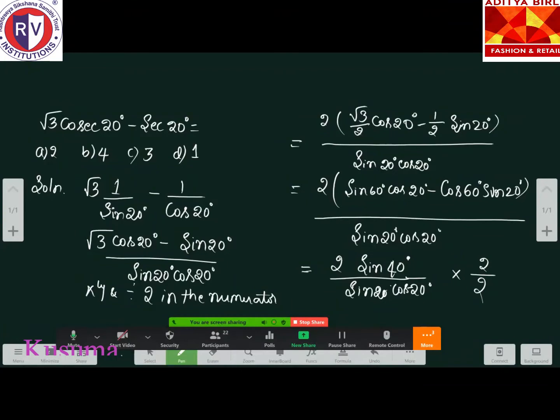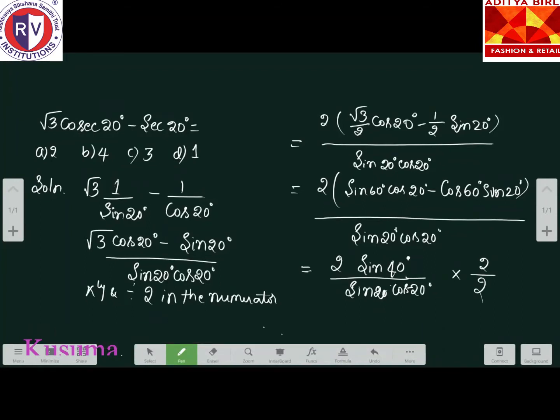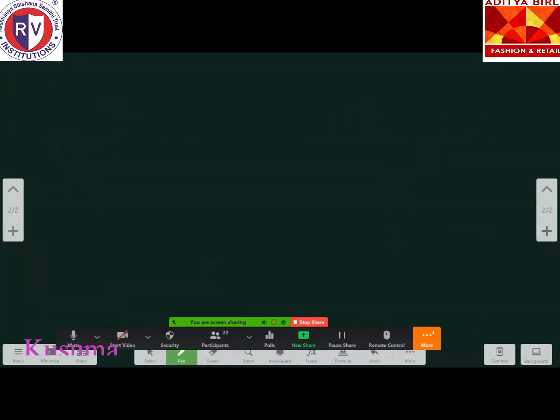So the numerator will be 4 sine 40 degree, divided by 2 sine 20 cos 20 degree. This is of the form 2 sine theta cos theta, which is nothing but sine 2 theta.